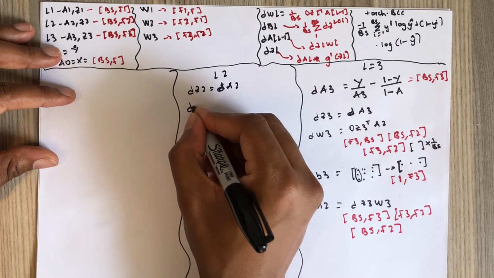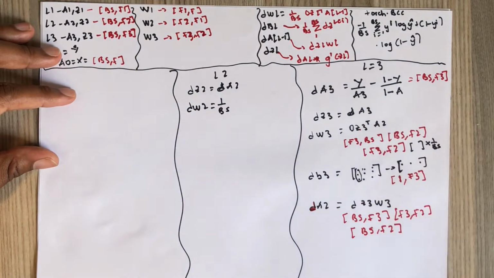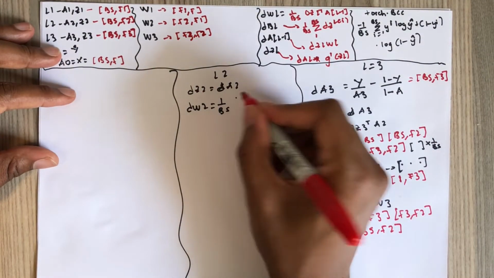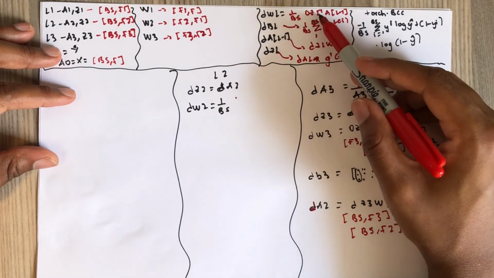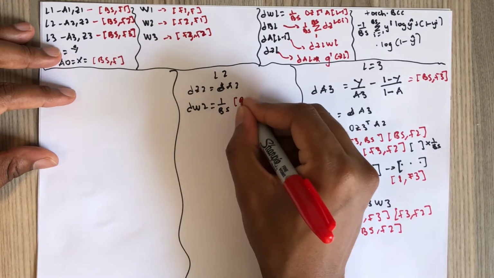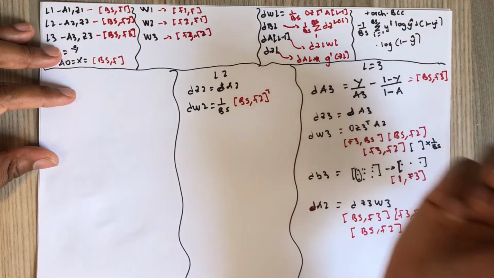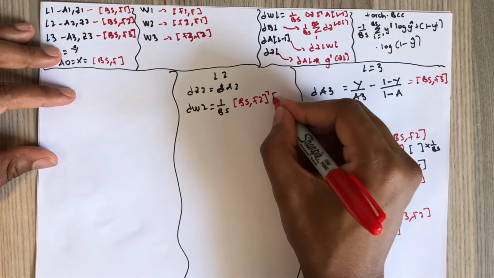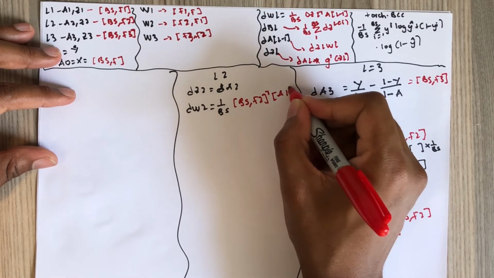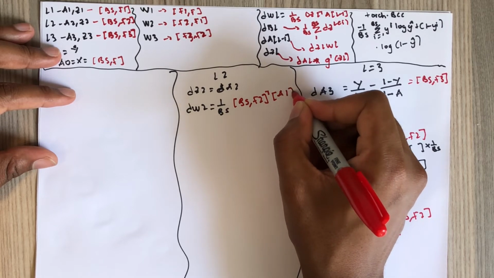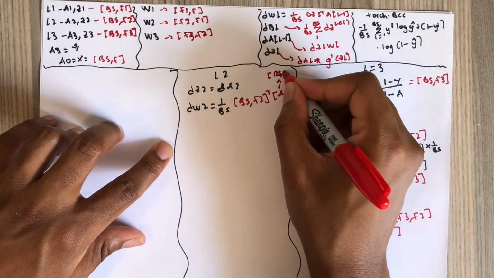Next, we need to compute dw2, which is 1 divided by bs of what? What is it? dz2. dz2 had a dimension of bs by f2. We take the transpose, then multiplied by a1, which has a dimension of what? bs by f1.